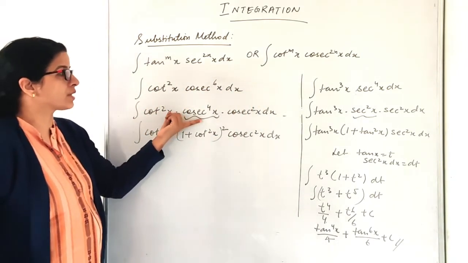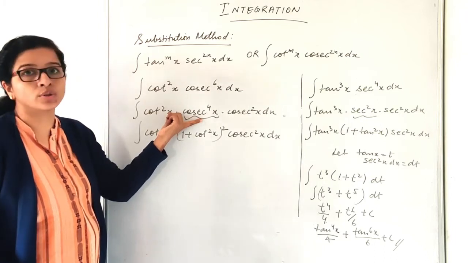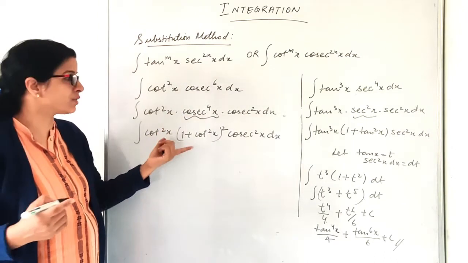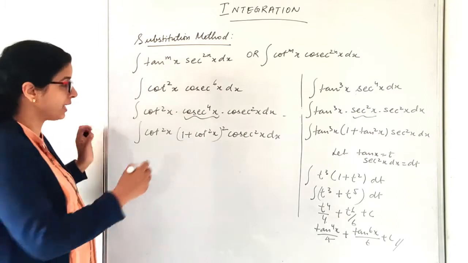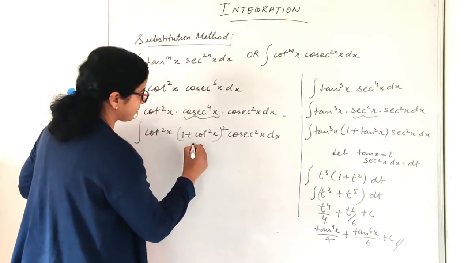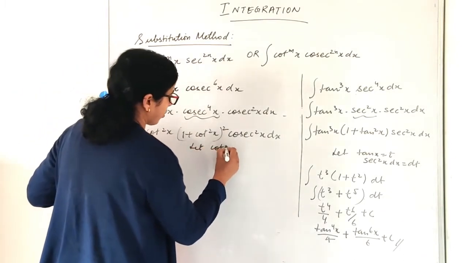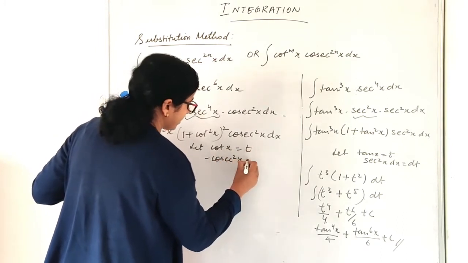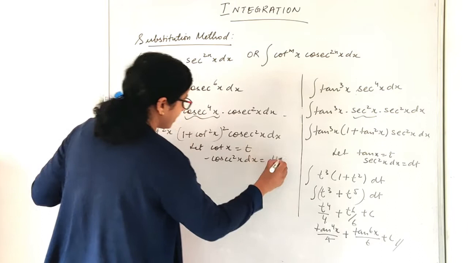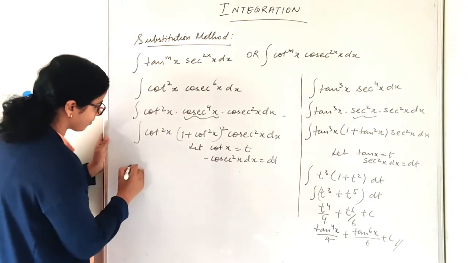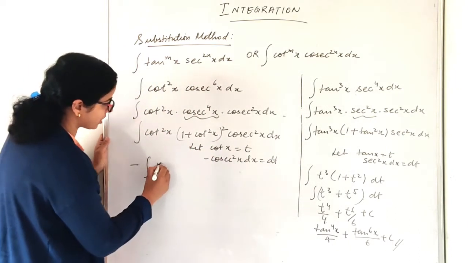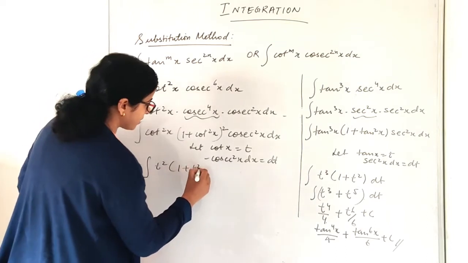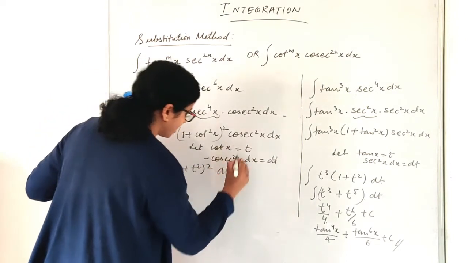This is (cosec^2 x)^2, and cosec^2 x can be written as 1 + cot^2 x, right? So now let cot x be t, so -cosec^2 x dx equals dt. What does that imply? Minus integral of t^2 (1 + t^2)^2 dt, right?